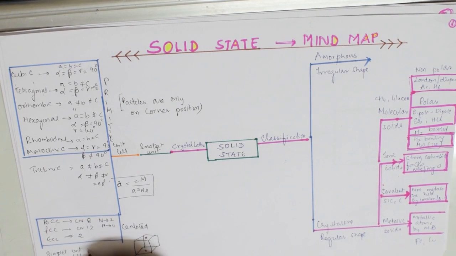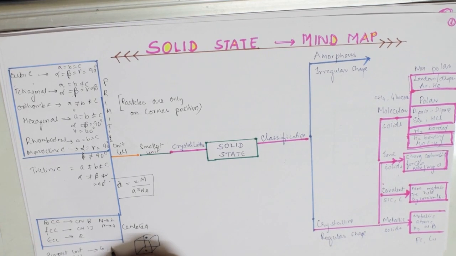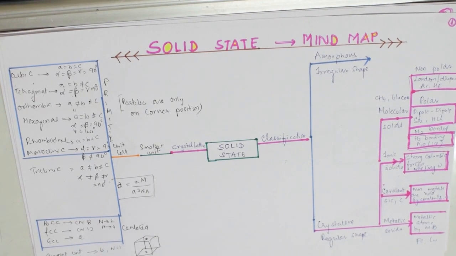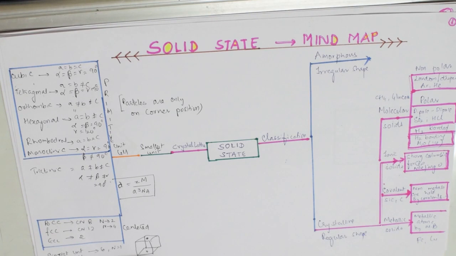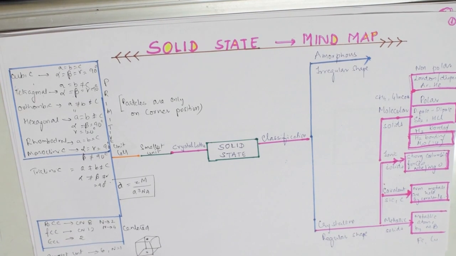Right. In simplest unit cell, the coordination number is 6 as well as the number of atoms is 1. When I speak about HCP, the coordination number here is 12 and the number of atoms here is 6 per unit cell. Hope this is clear, students. Done.